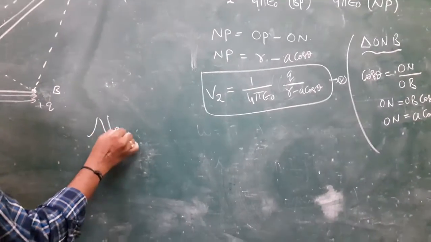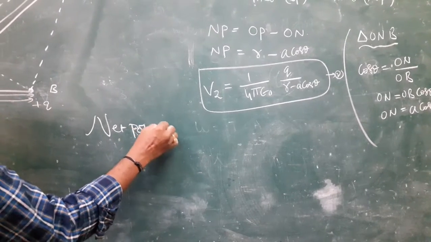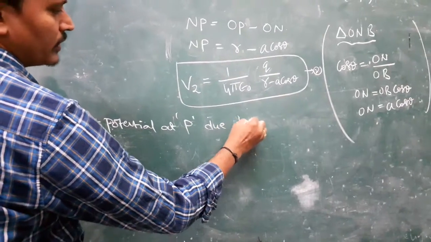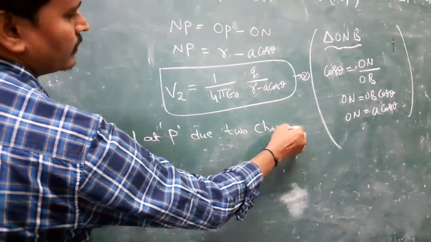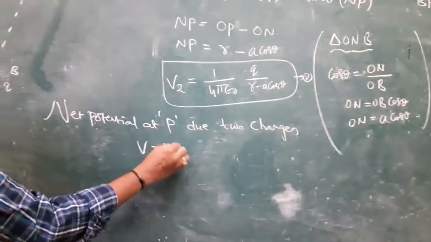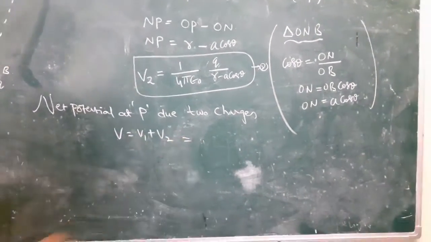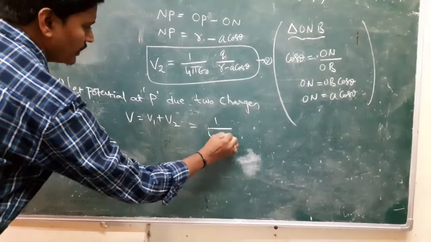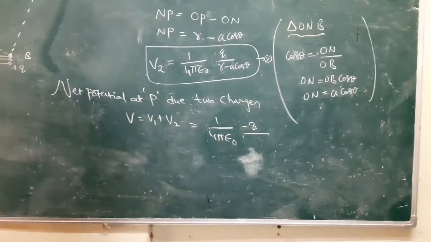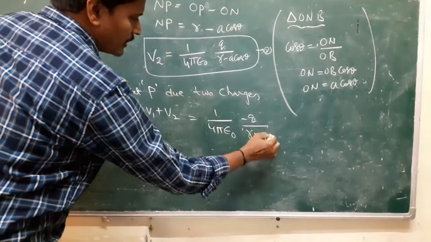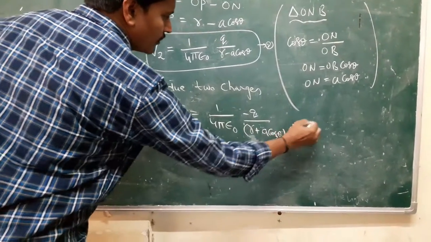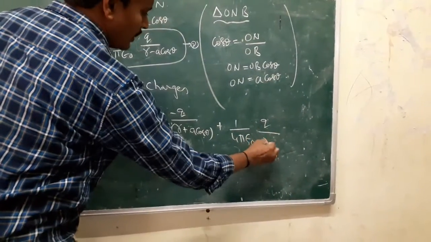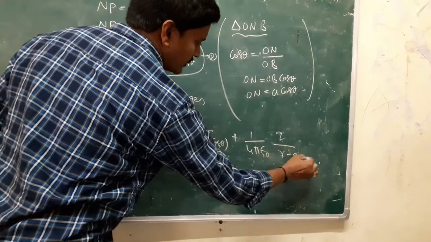Then the net potential at P due to two charges, that is V is equal to V1 plus V2. V1 is nothing but 1 by 4 pi epsilon naught into minus Q divided by r plus a cos of theta, plus 1 by 4 pi epsilon naught plus q divided by r minus a cos of theta.